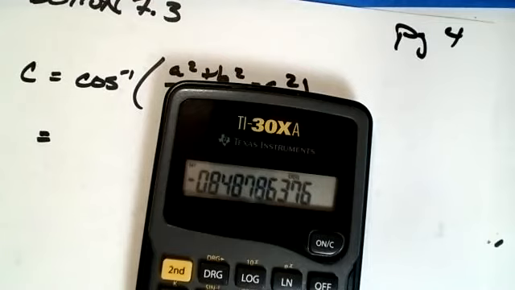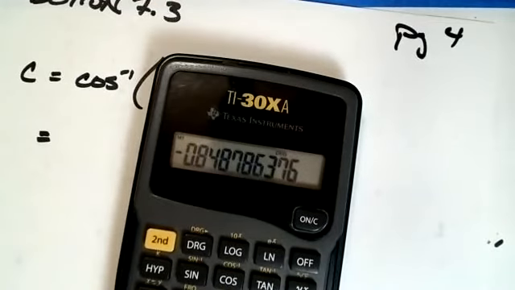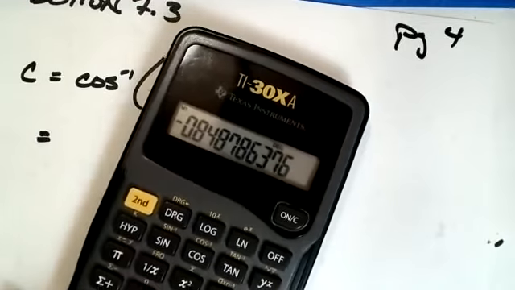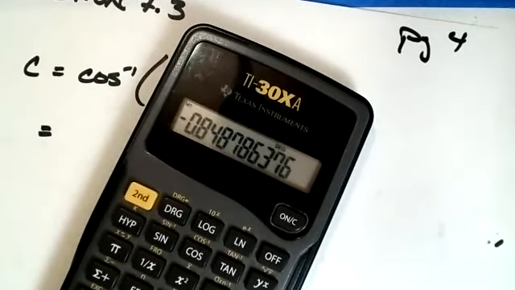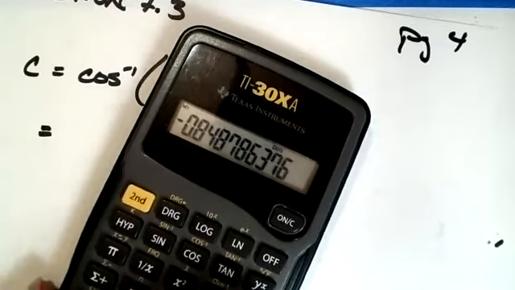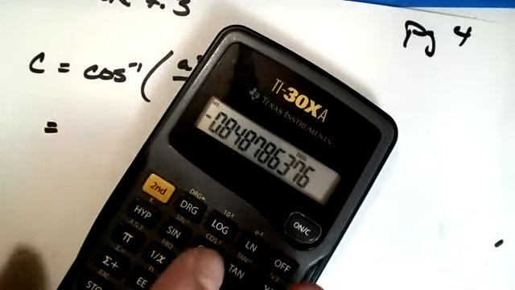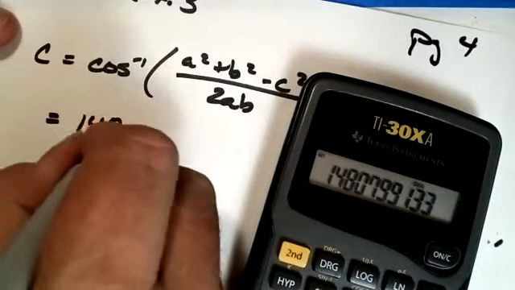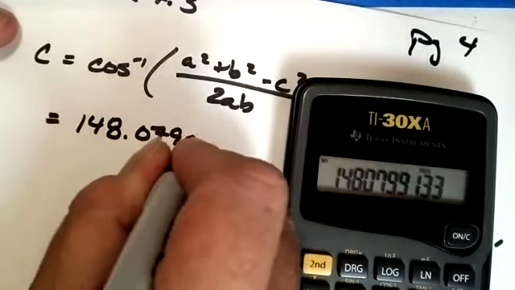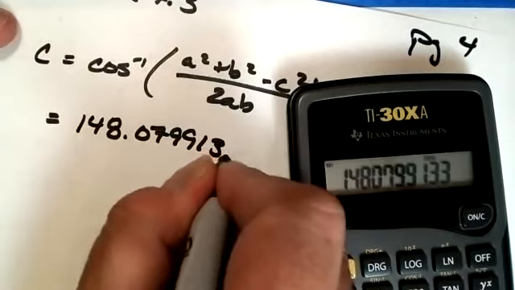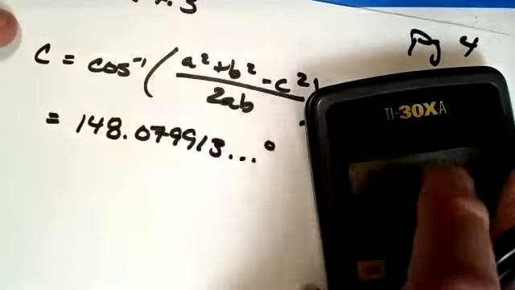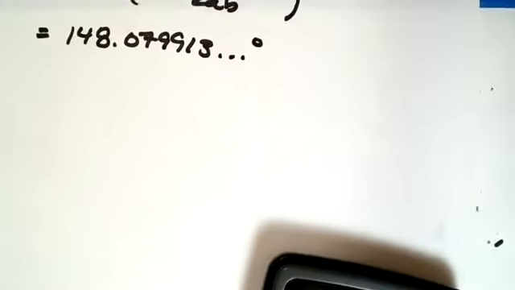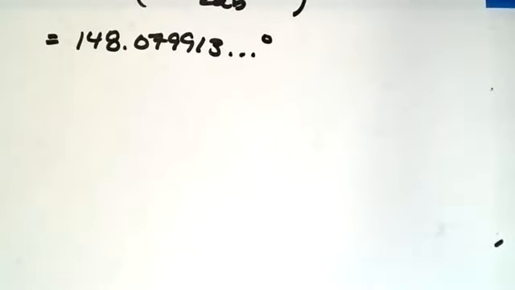And that's okay, because this is going to give us an angle in quadrant 2, which is exactly what we would expect. I know we haven't done too much with inverse cosine, but that is the net result. So let's take the inverse cosine of this number, and we end up with, again, 148.079913, etc. degrees.